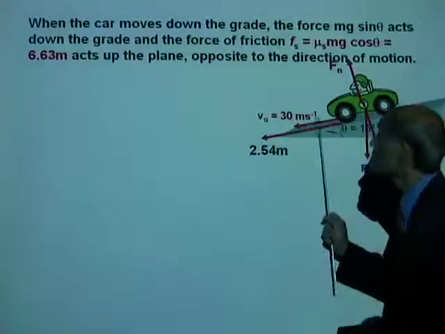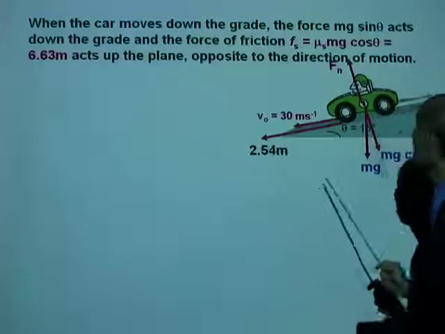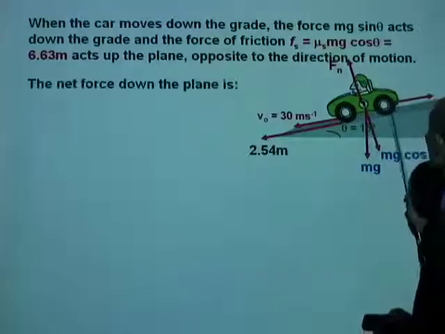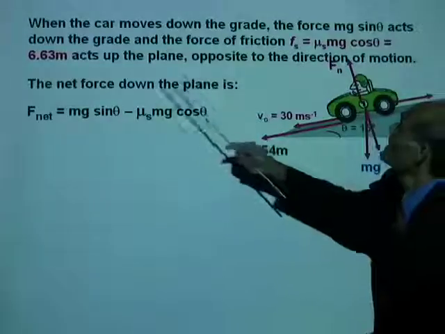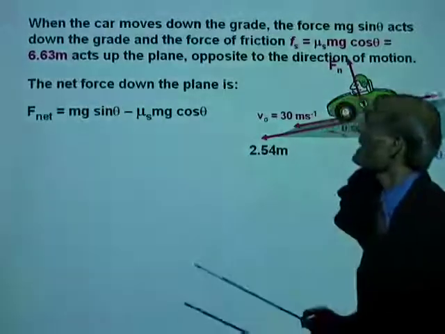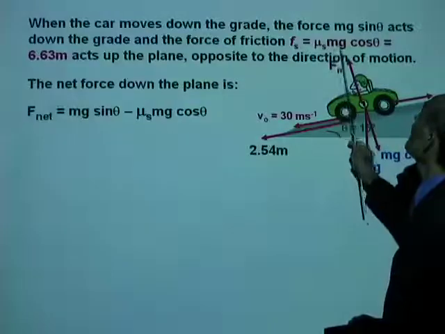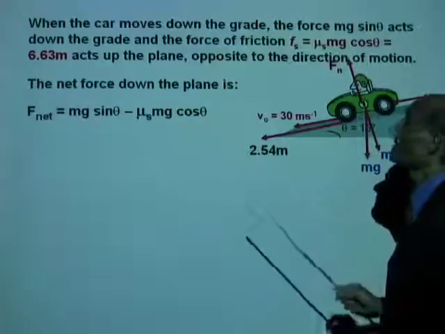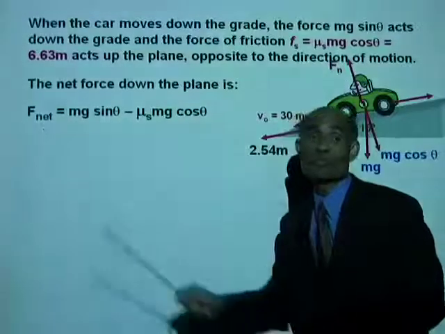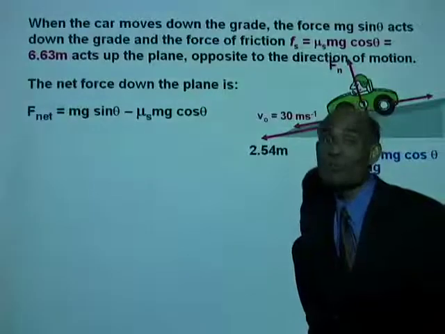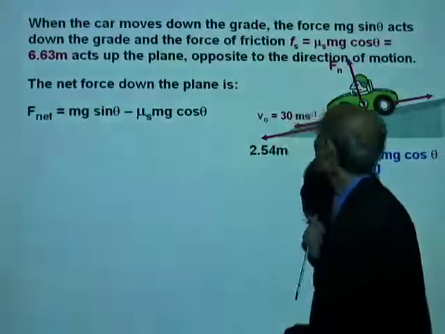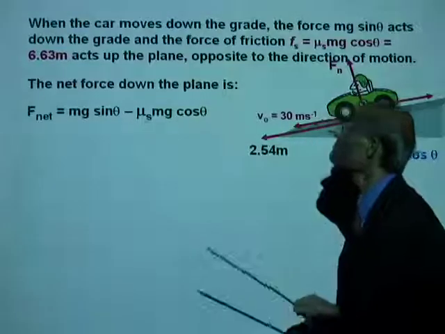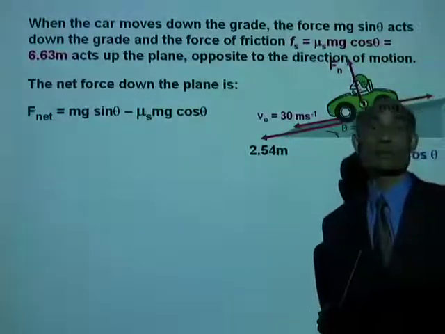V0 is 30 meter per second down. The force of friction opposing the motion is 6.63 m, which is mu s mg cos theta. So the net force on the car now is mg sine theta minus mu s mg cos theta.